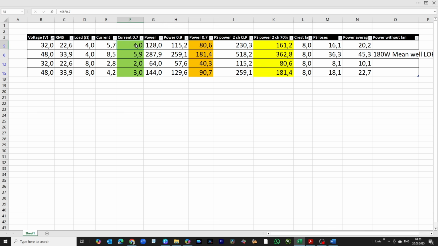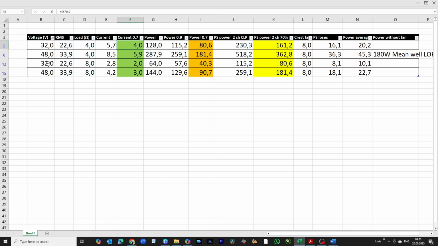Theoretically we need 8 amps for this 70% current, but we have capacitors which help the power supply by giving those additional amps for bass, and then the power supply is working. So this particular power supply, 32 volts and 5 amps, is practically able to provide 80 watts output at 4 ohms with normal confidence. And that's a good parameter.